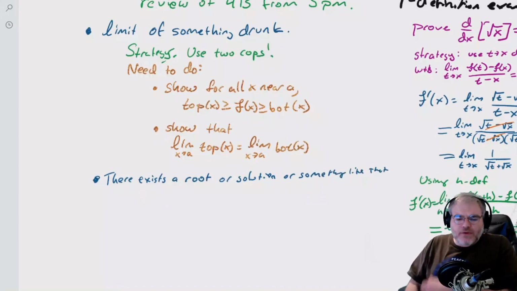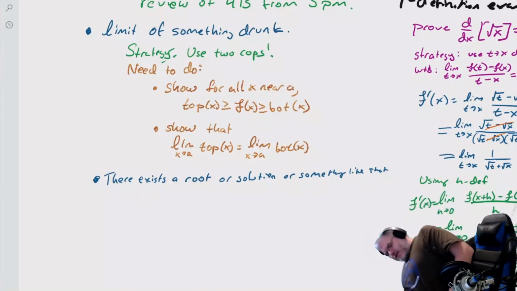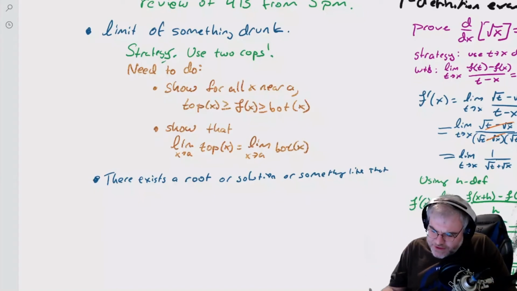So I've got a continuous function and I want to show that there exists a root or solution. So let's do one in the book. The strategy is to use the intermediate value theorem.